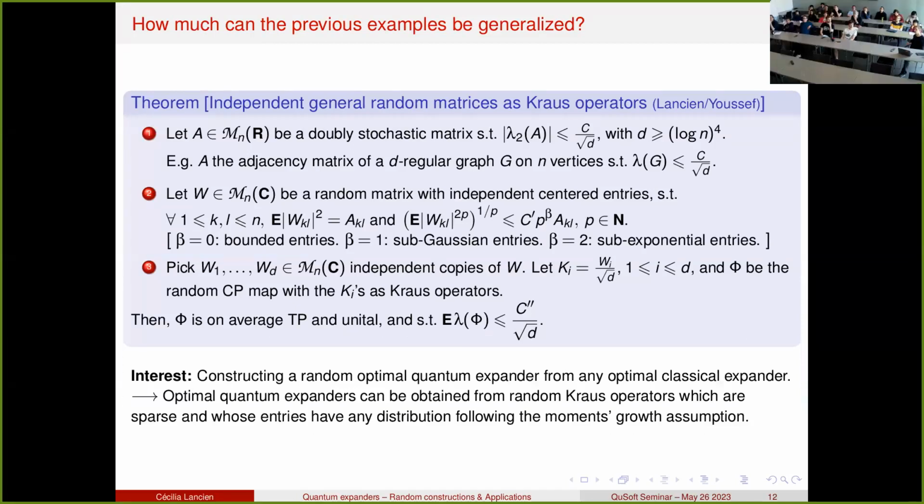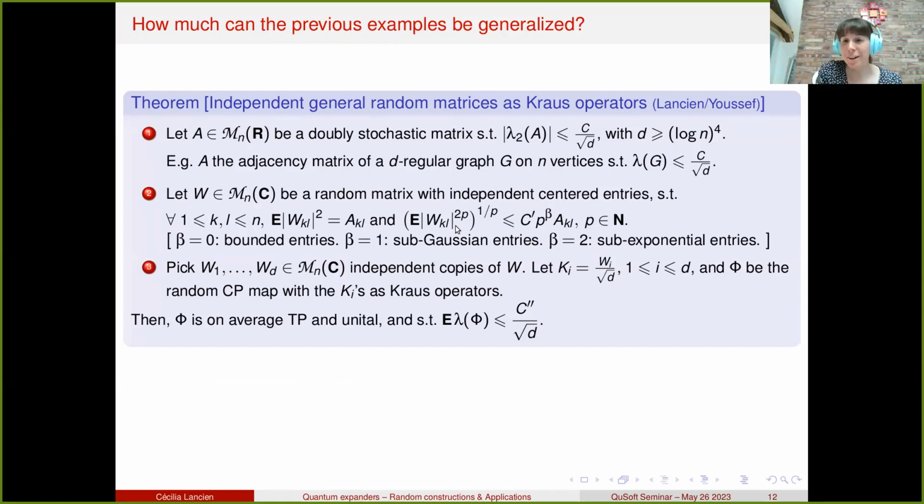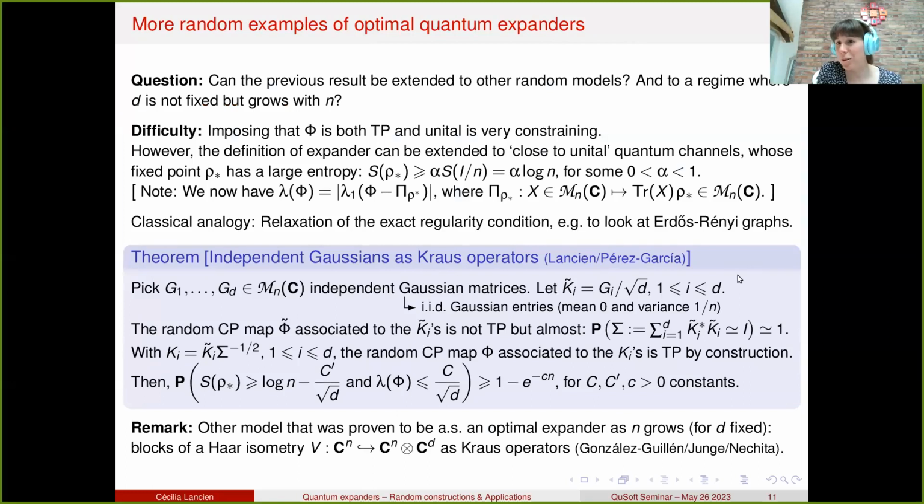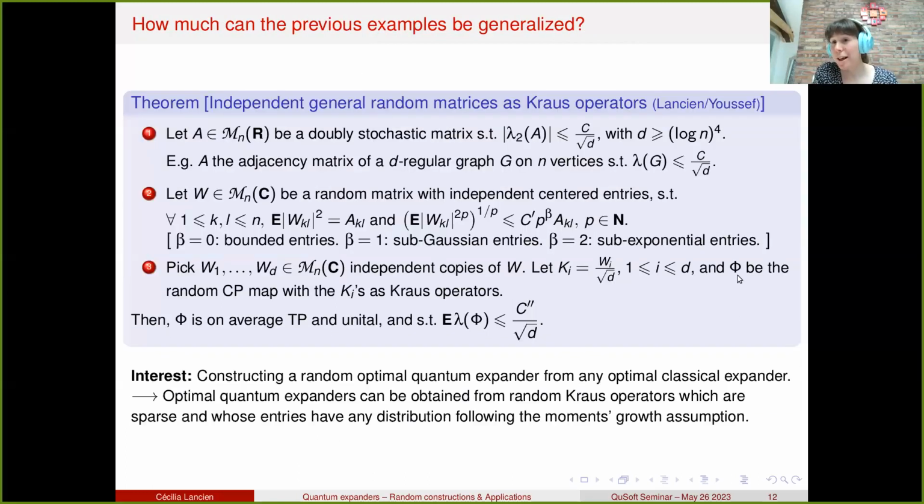Do you think the independence assumption on the entries can be relaxed as well? Yes, completely. That's actually one thing I'm doing right now. This result recovers the case of Gaussian matrices, but it's not recovering a result where you take as Kraus operators Haar distributed unitaries, for instance, because the entries are not independent.